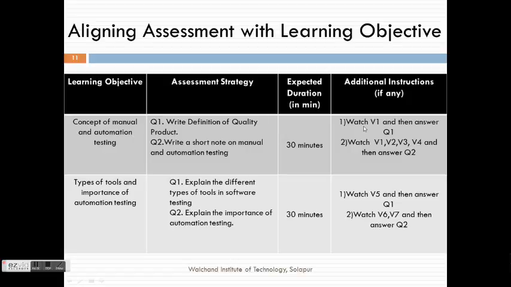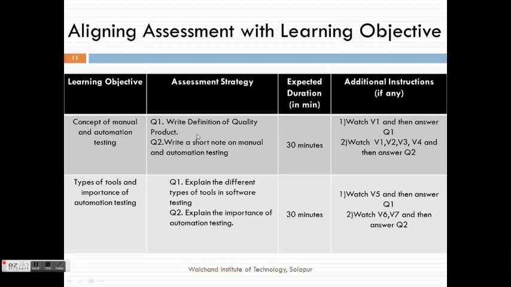After watching the videos, we ask the student a question like, write a definition of a quality product, or write a short note on manual and automation testing. The quality of answers lets us measure how well these learning objectives were addressed by watching the videos.